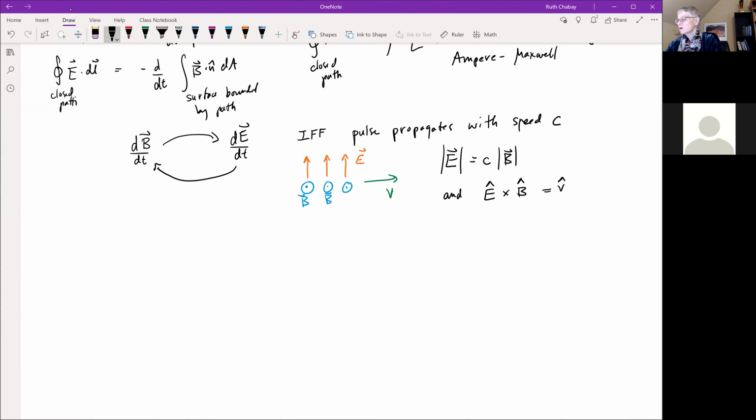So this is directions. And that, in fact, is an electromagnetic wave.